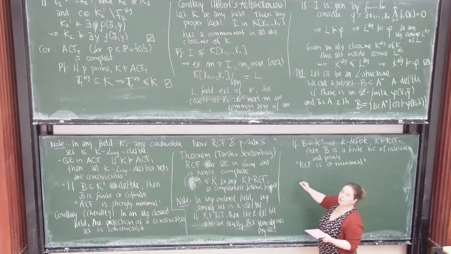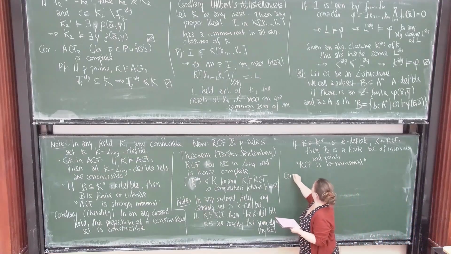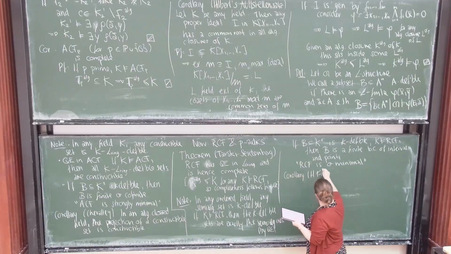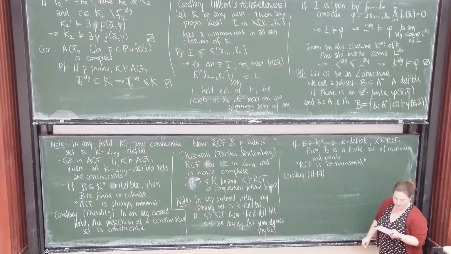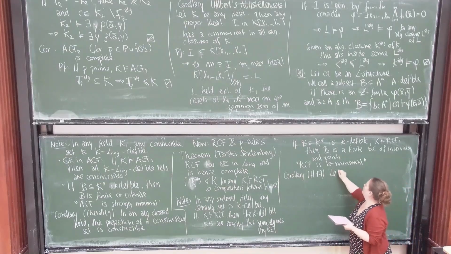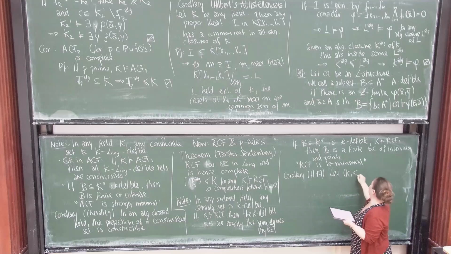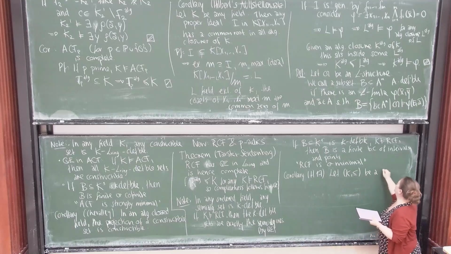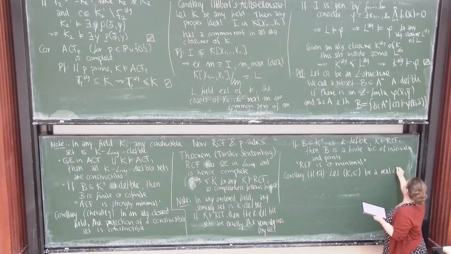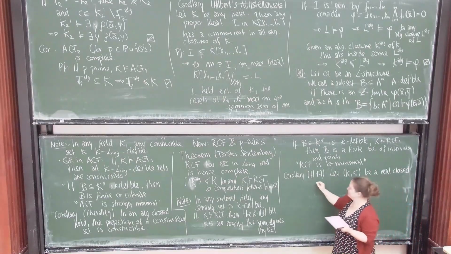Okay, so let's do one corollary here, which is called Hilbert's 17th problem. Take a real closed field k. I guess for Hilbert 17, just take the reals.